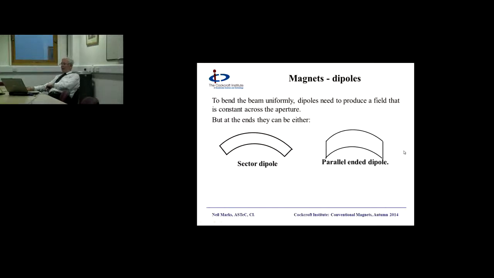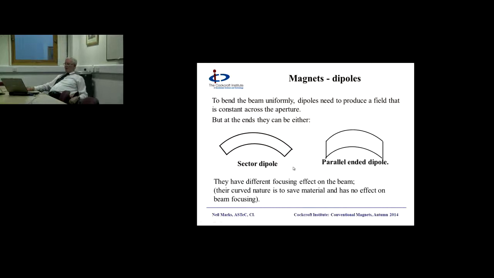And then the parallel-ended dipoles, which are, as they are named, the ends are parallel. And the fact that they're curved is somewhat irrelevant. That's just a matter of saving the amount of steel that you put into the magnet, if instead of having to fill the whole rectangle, you just make it curved. So the curvature is somewhat incidental to the behavior of the magnet.